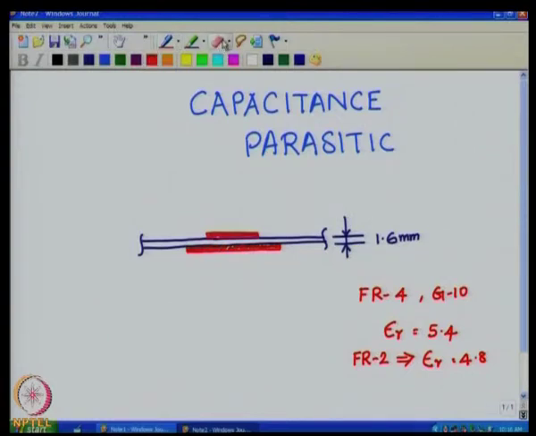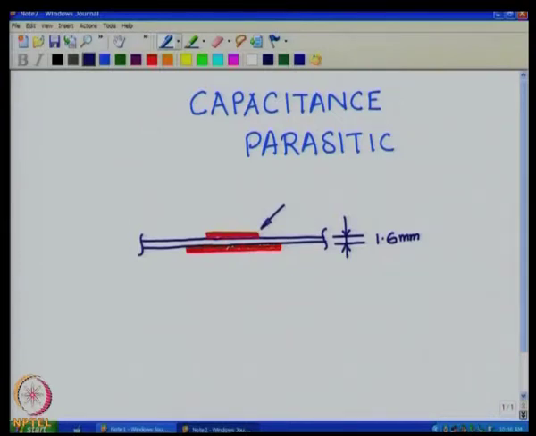Now, this copper track here and this copper track here are separated by this dielectric of some known relative permittivity.